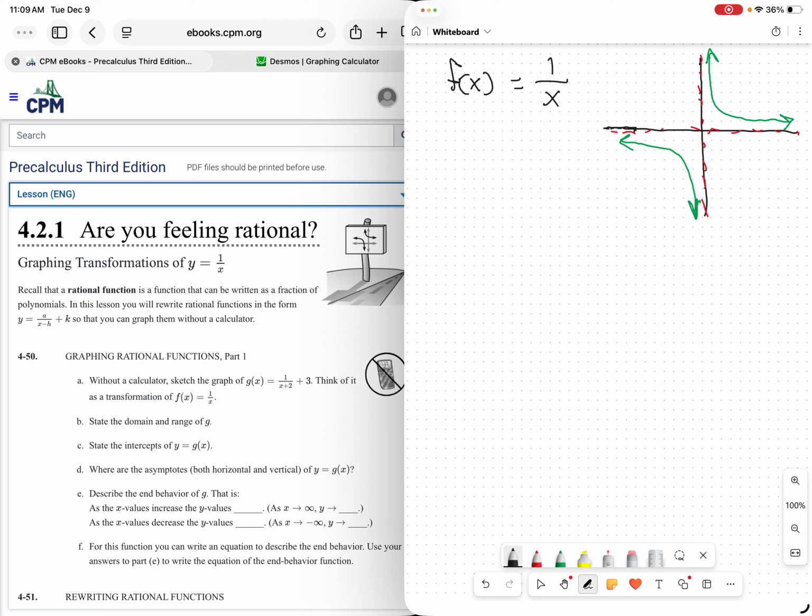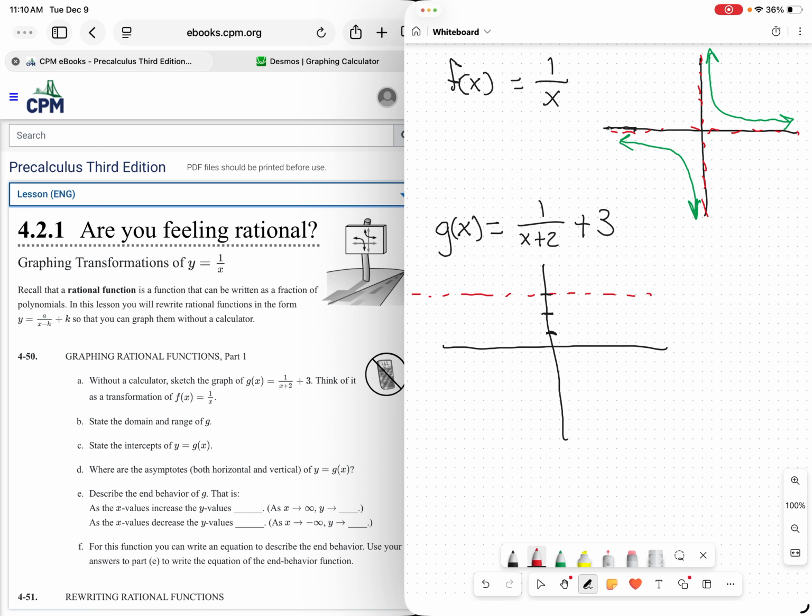So if we think about our transformation, our g(x) that they give us here, we have 1 over x plus 2, plus 3. So now if we're graphing this one, we're going to move this up 3, and that's where our horizontal asymptote is.